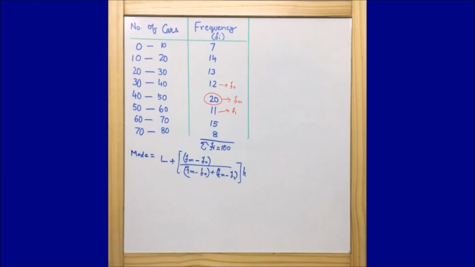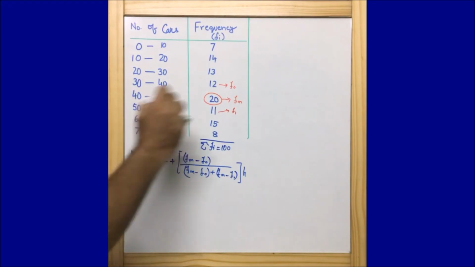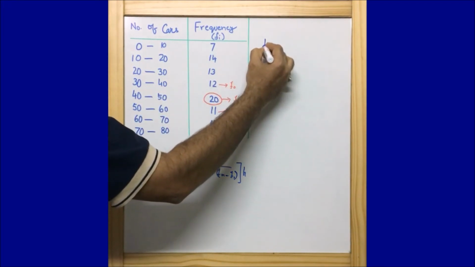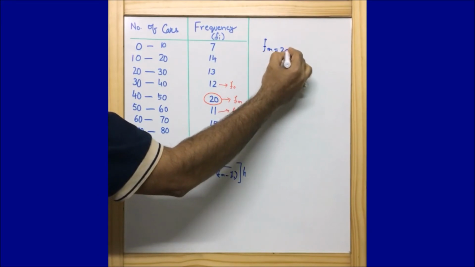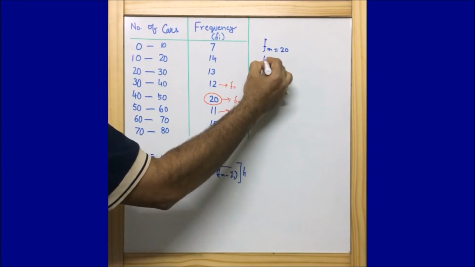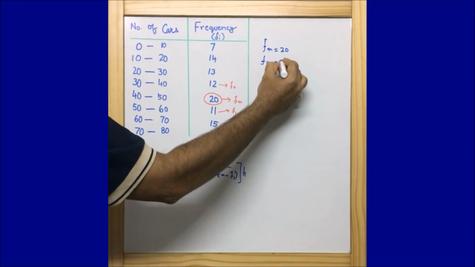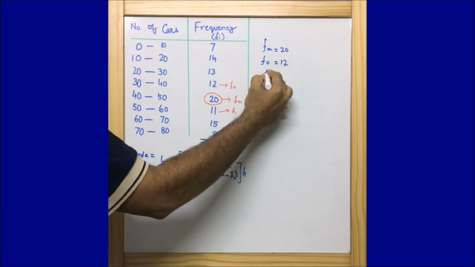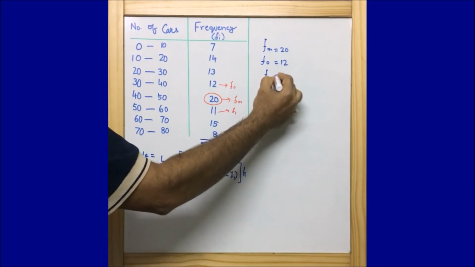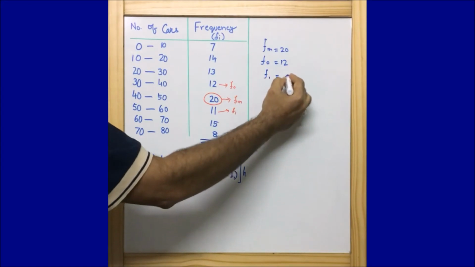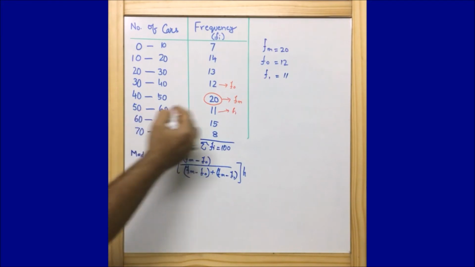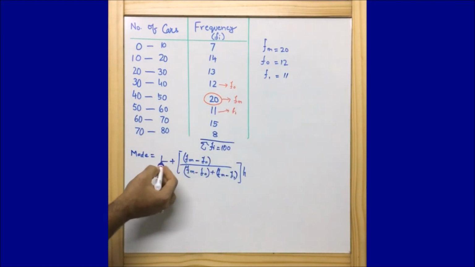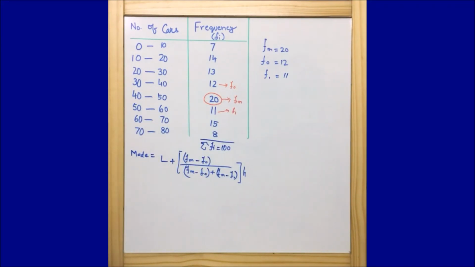Now guys, this is the data we got from here. That means we got Fm is equal to 20, F0 is equal to 12, F1 is equal to 11. Okay, now here is L. What is L here?